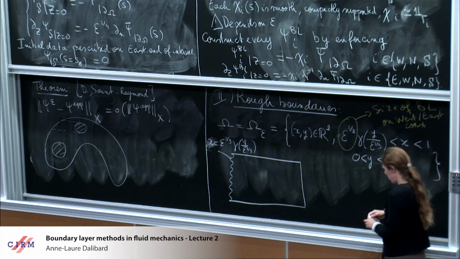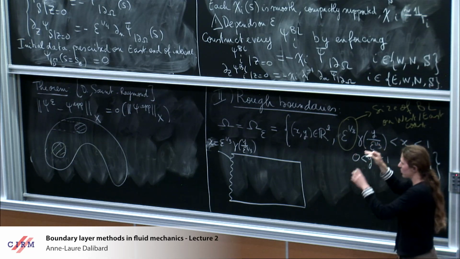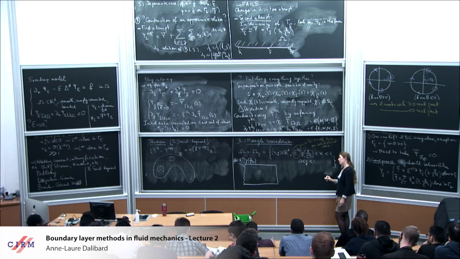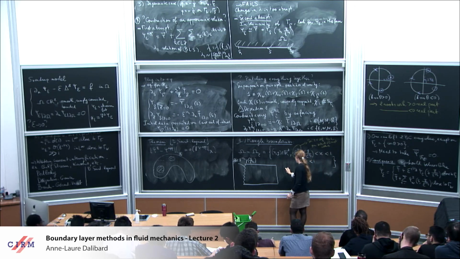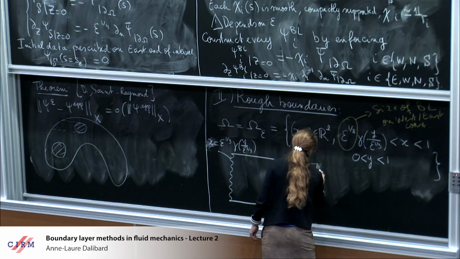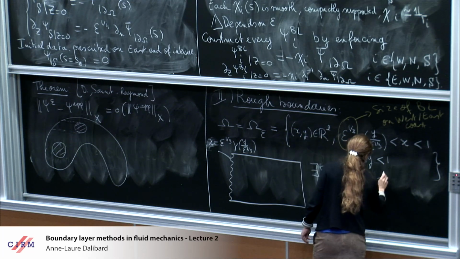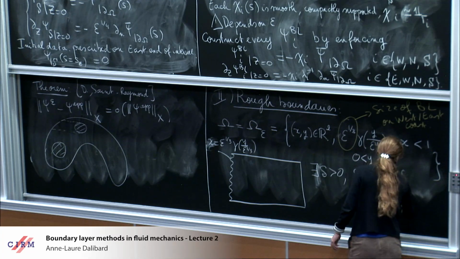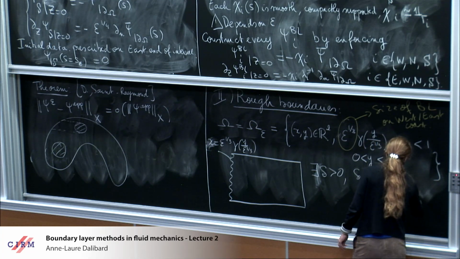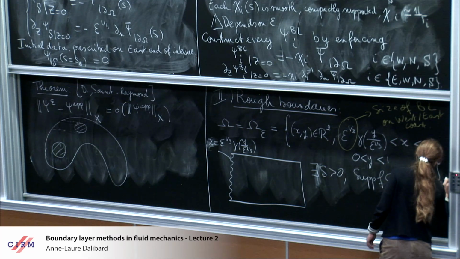To avoid all the issues that I just mentioned close to the northern and southern boundaries, I'm assuming that there exists some delta which is positive, such that the support of f is included in the set where y is between delta and 1 minus delta.